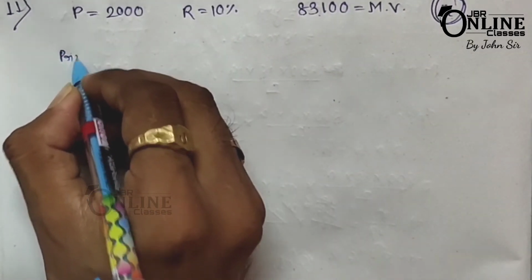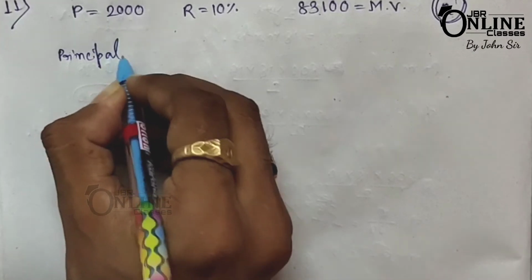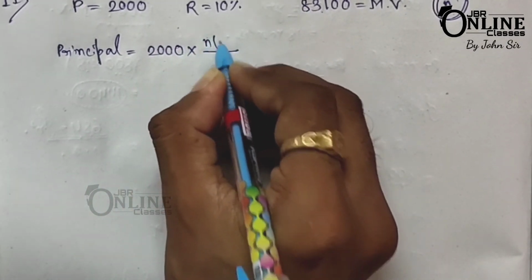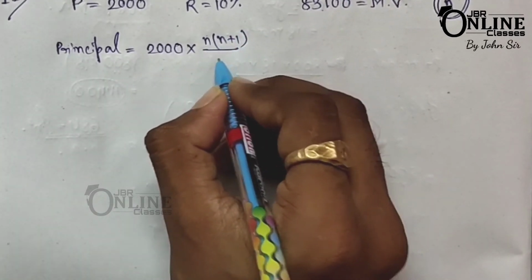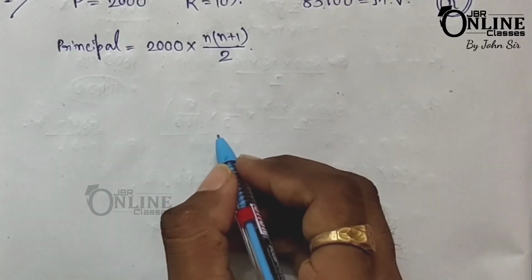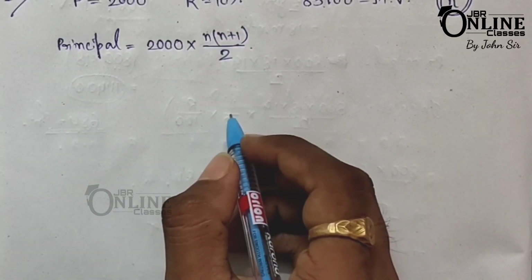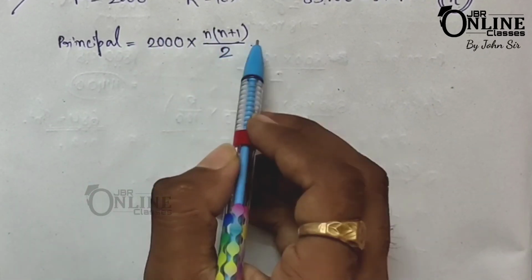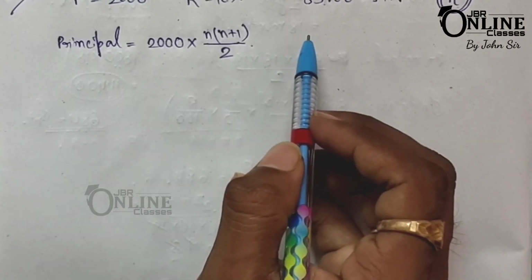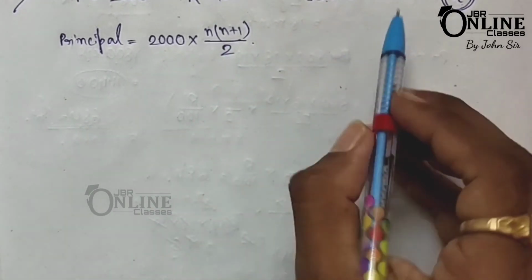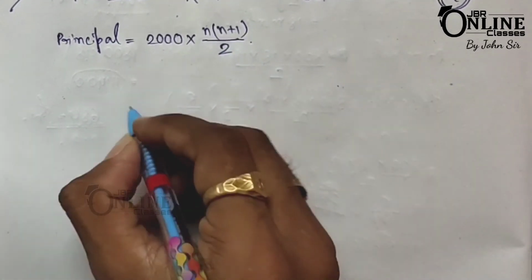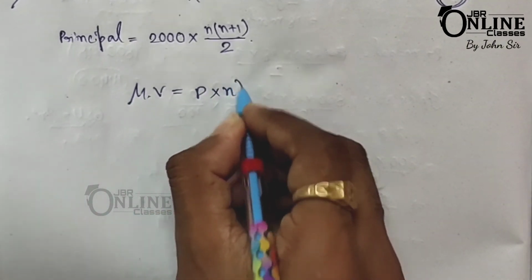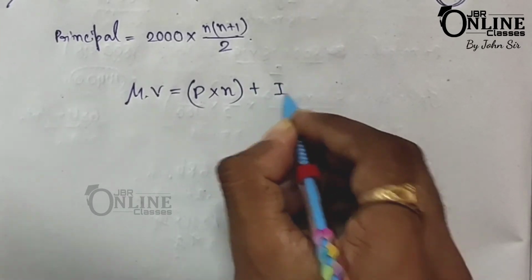So first find out the total principal. So here the total principal equal to 2000 into n plus 1 divided by 2. That is the total principal. Now next thing is interest. So here the interest equal to this one into 1 by 12 into r by 100. So now you know the formula of MV, and that equal to p into n plus interest.